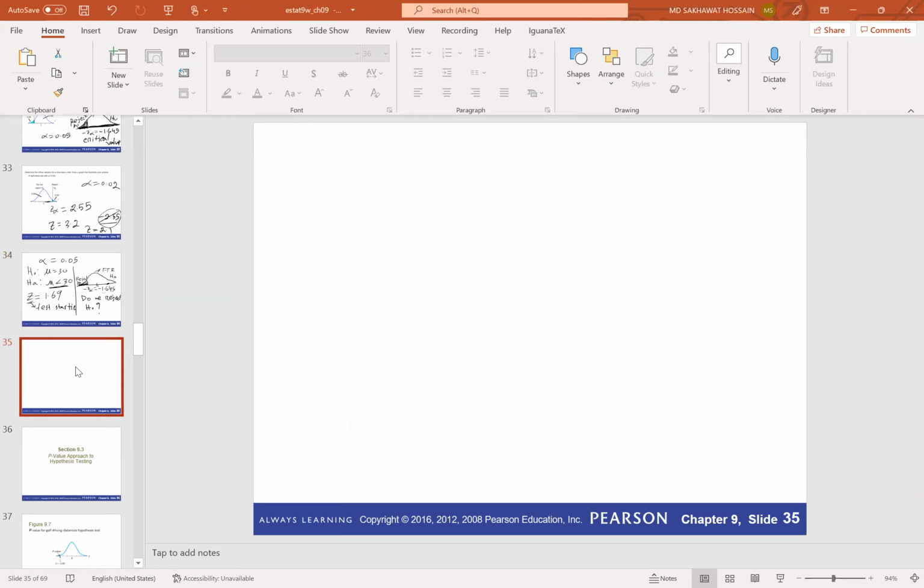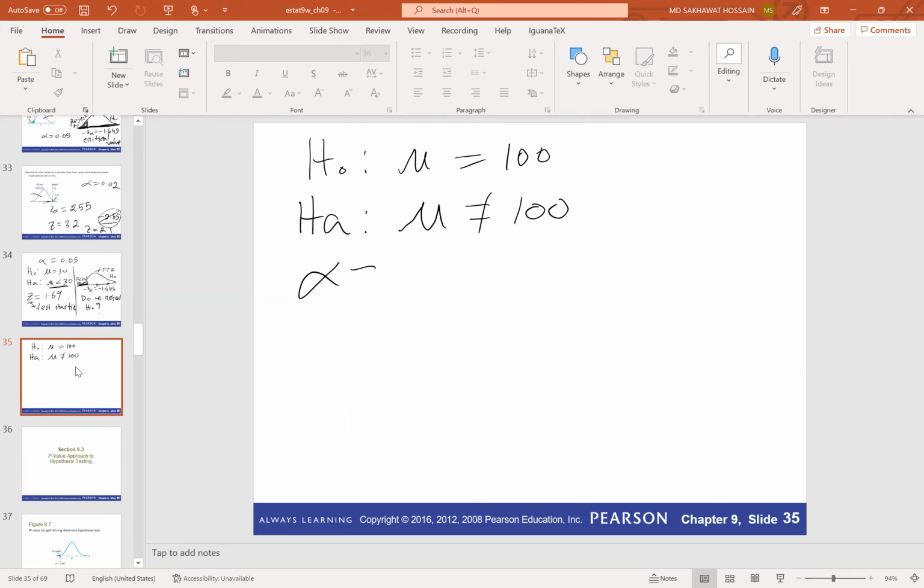Let me give you one more example. If we have a two-tailed test, mu is equal to 100, and the alternative is mu is not equal to 100. So that's when this is a two-tailed test. Alpha is 0.10, so that's when the level of significance is 10%.